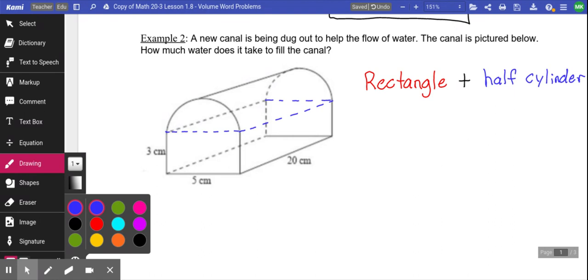The cylinder is going to be hard because there are some tricks we need to use. The rectangular prism is not going to be too bad. We'll start with the rectangular prism.